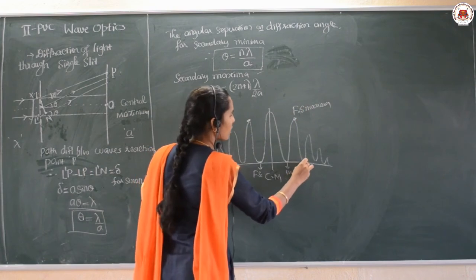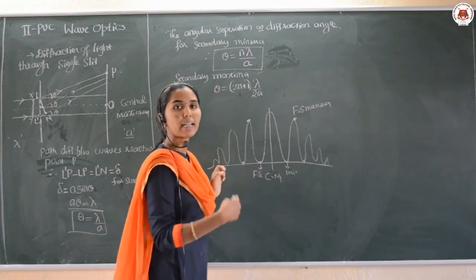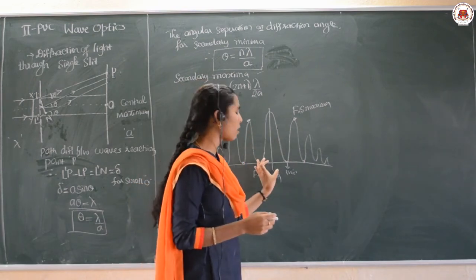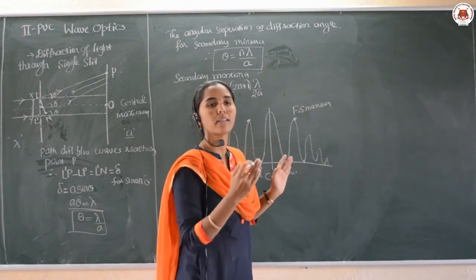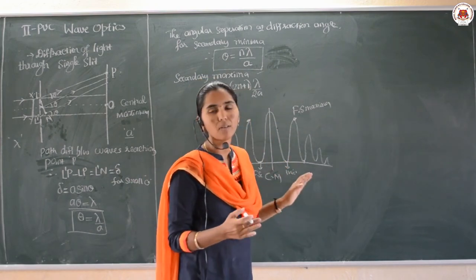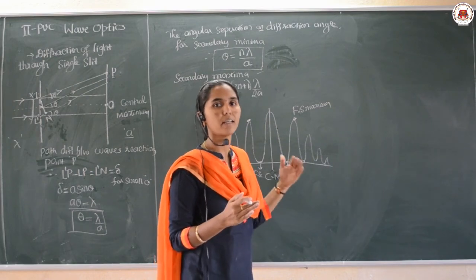Then if you go for the next set here, these are called the second secondary minima. Whatever you are going to get after the central bright fringe, on both sides of the wave, they are called secondary maxima and secondary minima.